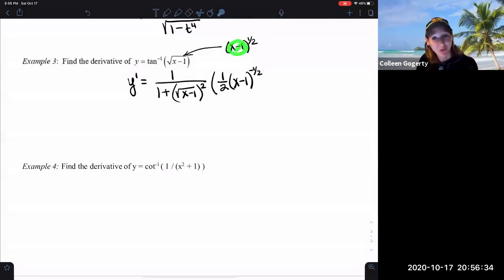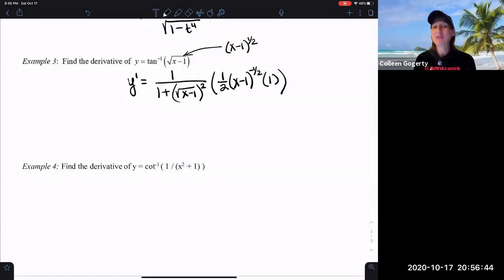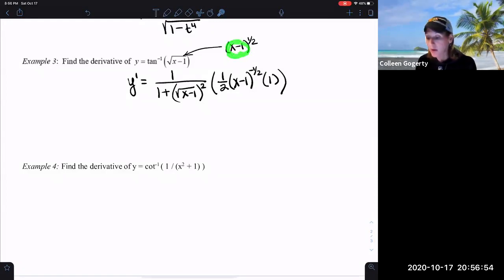So we're doing the chain rule again. It just so happens that the derivative of x minus 1 is a nice little 1. So if you forgot it, it wouldn't make a difference on this particular problem. But if this had been linear with a slope other than 1, or if it would have been a quadratic or something, you need to make sure you're still doing the chain rule on that derivative.